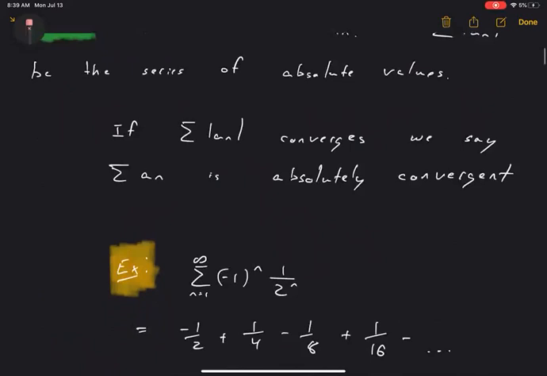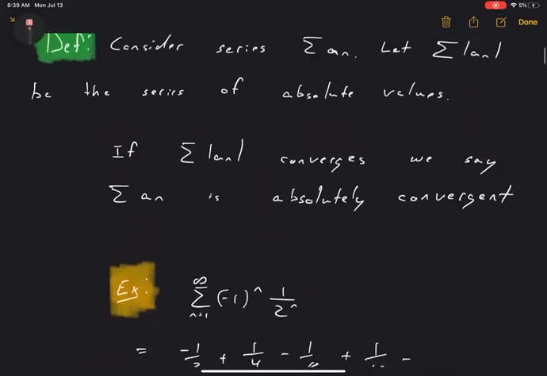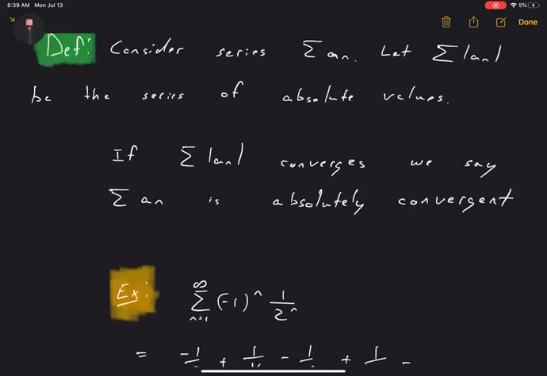That might be a little confusing. So we're starting with the sum of a_n, and then we're looking at the series of absolute values. If this converges, we say the original is absolutely convergent.